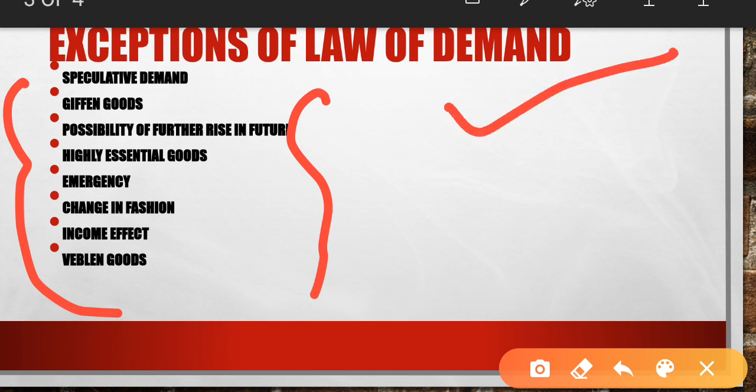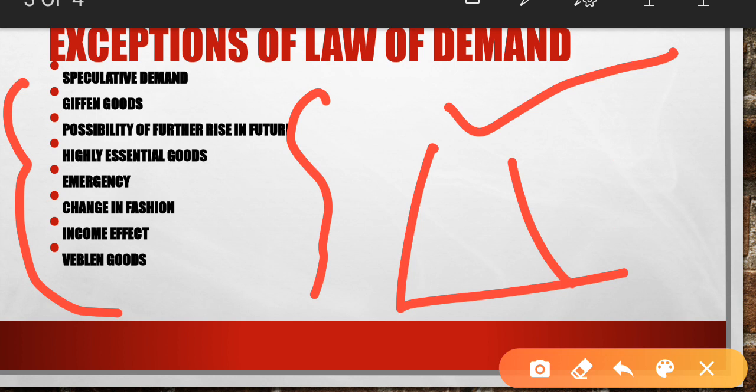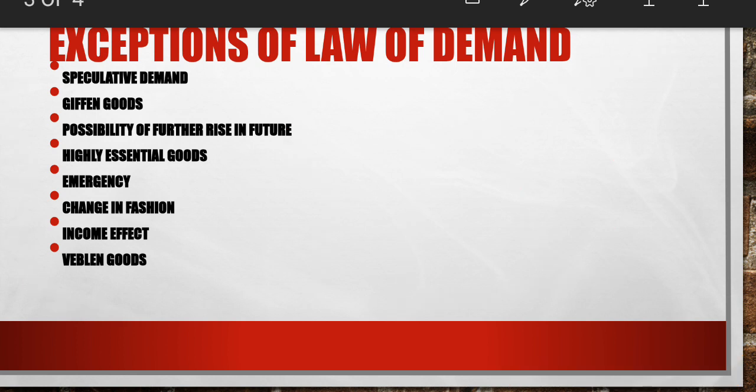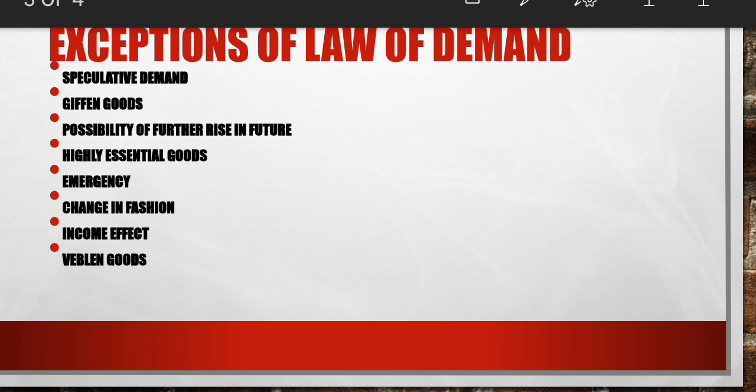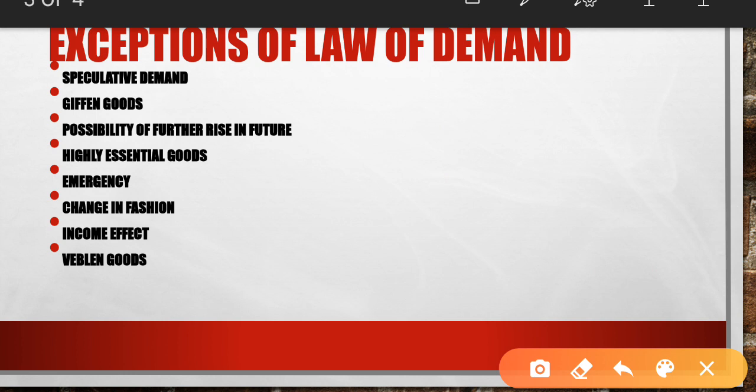If someone says the demand curve is downward sloping, we have already discussed that, but this question may be asked in this way also: the demand curve is downward sloping, but in certain cases your demand curve may be upward sloping. What are those cases? What are the cases where the law of demand is not applicable? What are the cases when the price is rising but the demand will not fall?